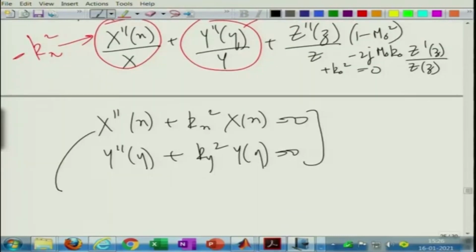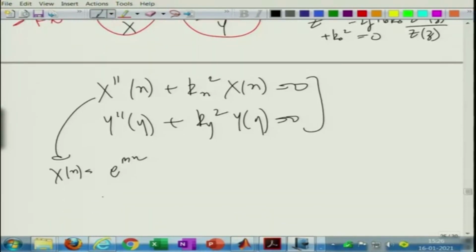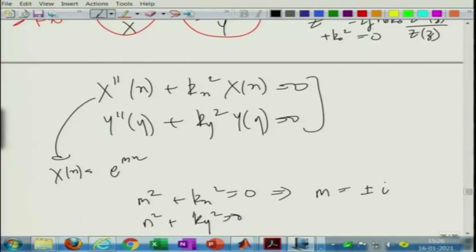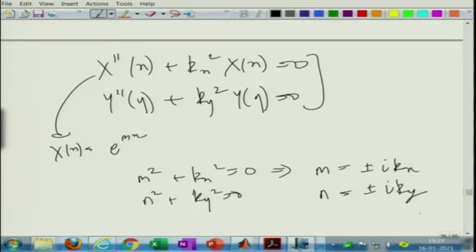If we assume a solution of e to the power mx, and substitute it here, we get m square plus kx square is equal to 0, and the same thing for n square plus ky square is equal to 0. Now, remember kx is real, so m is nothing but plus minus i kx, and n is nothing but this kind of a thing. These are purely imaginary.